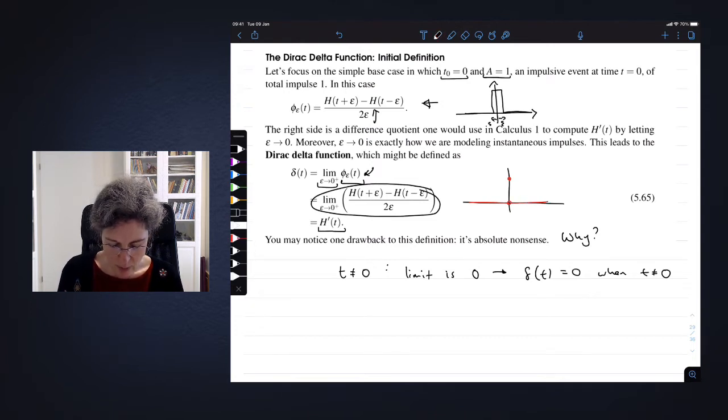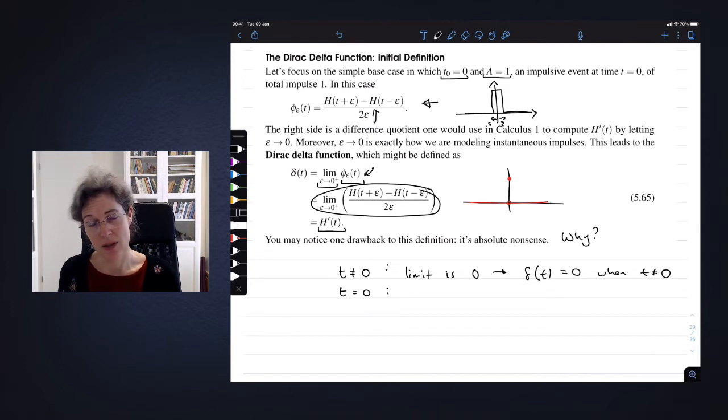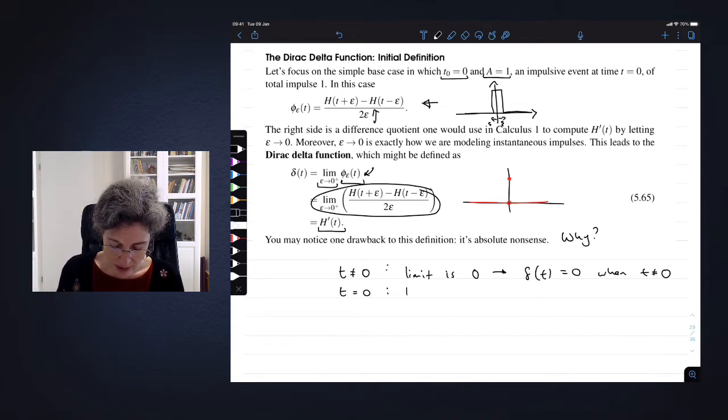But the problem comes when we look at what happens exactly at 0. Well, then you've got 0 over 0, and that's not defined. If you remember from taking your limits, you'd have to do something to try and see if you can work it out, and actually it's not defined.